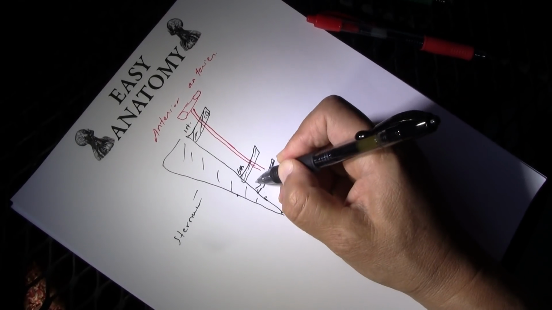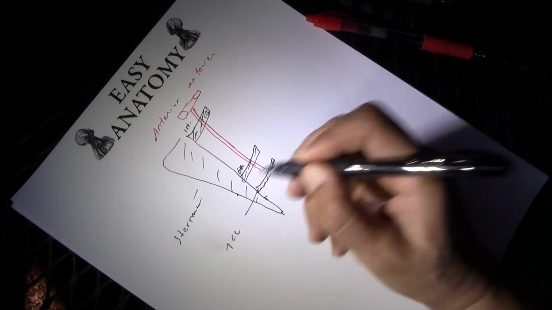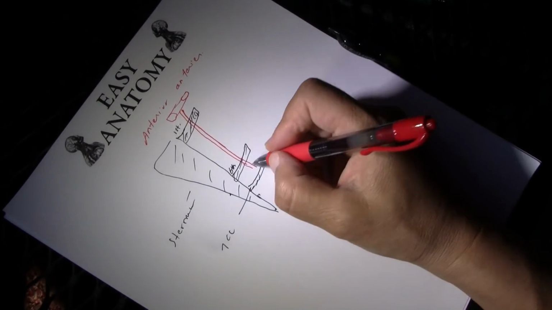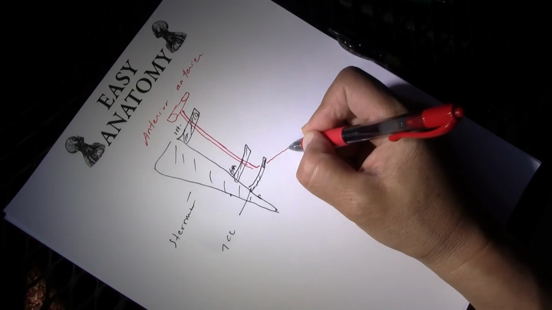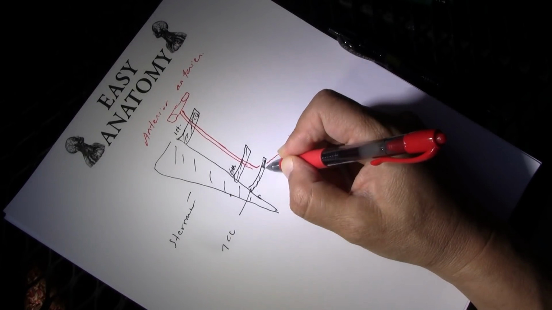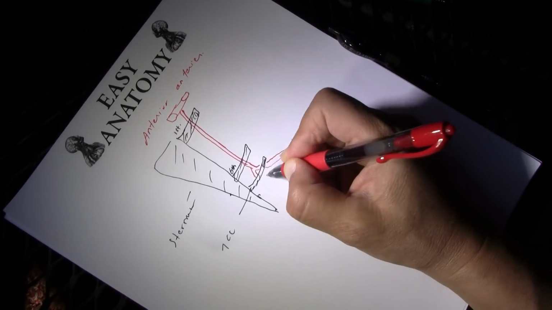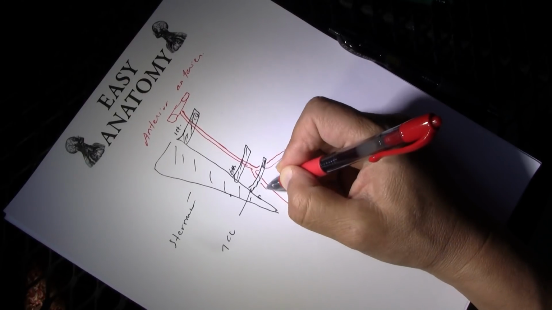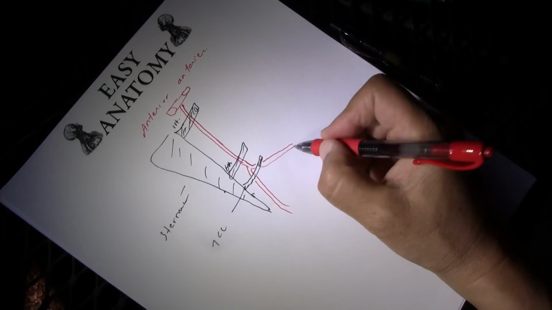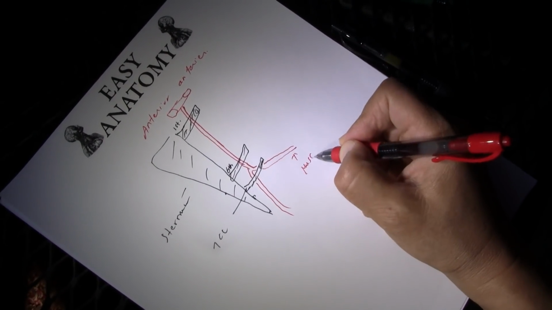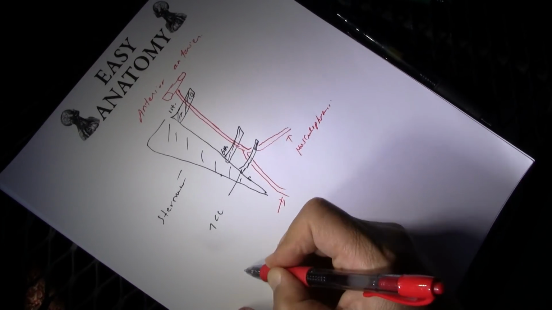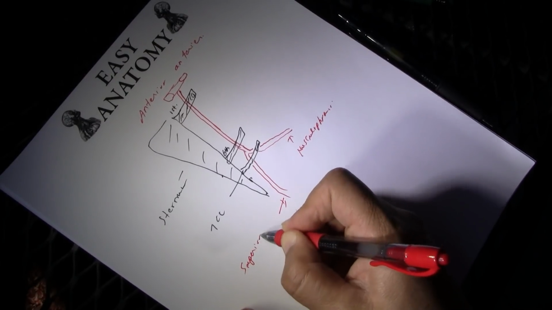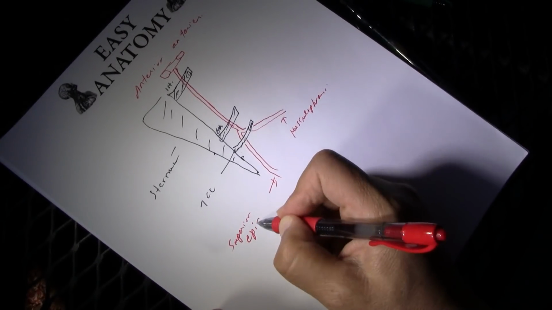This is the 7th costal cartilage. So the artery here in the 6th space divides into 2 terminal branches. The lateral one is called the musculophrenic artery, and that one is called the superior epigastric artery.